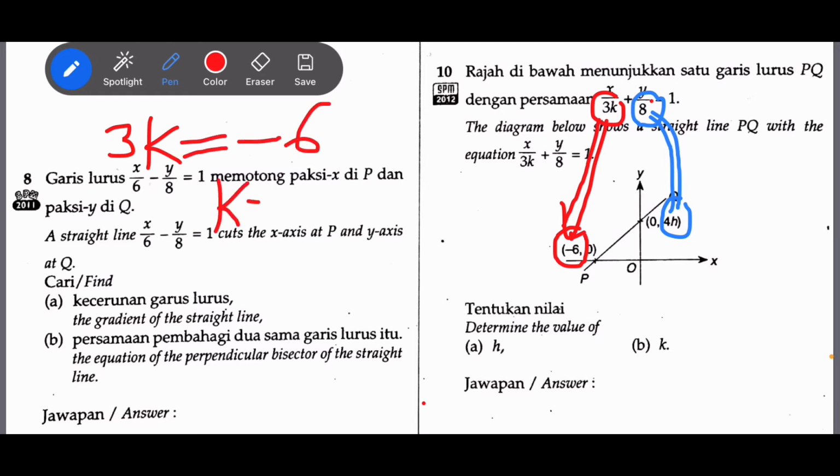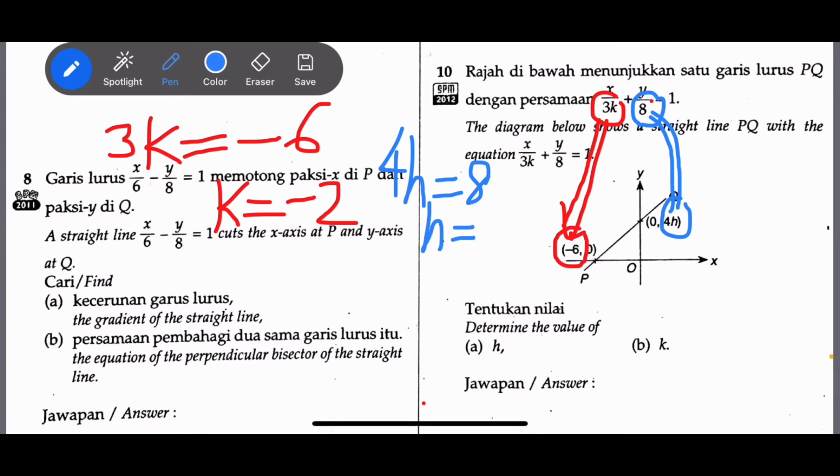So 3k is negative 6 and k is equal to negative 2. Same thing for the y-intercept, 8 is equal to 4h. So h is equal to 8 divided by 4, which is 2, right? That's how we use the equation of intercept form to solve for the constants k and h.